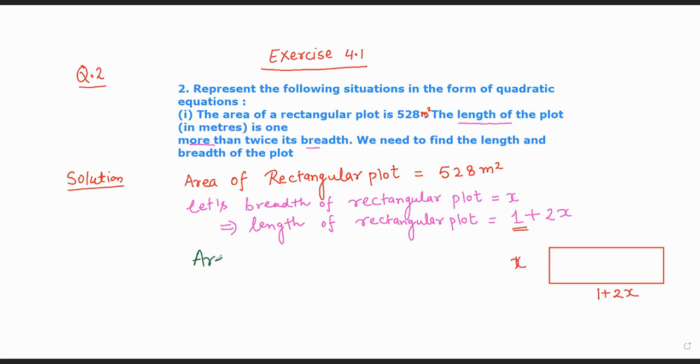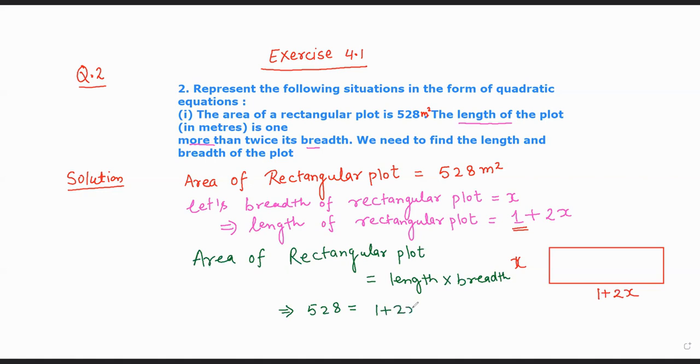Area of rectangular plot equals its length times its breadth. So we are given the area, which is 528, equal to the length of the plot, that is 1 plus 2x, multiplied by x.